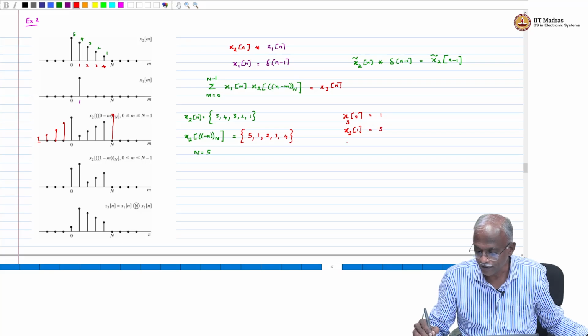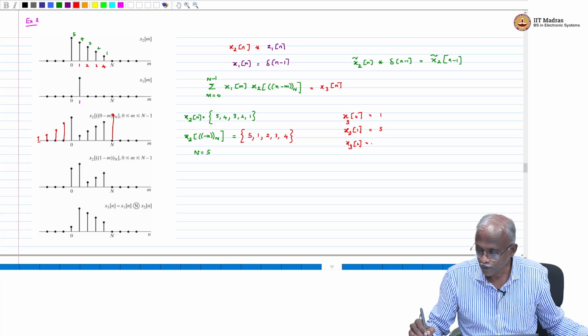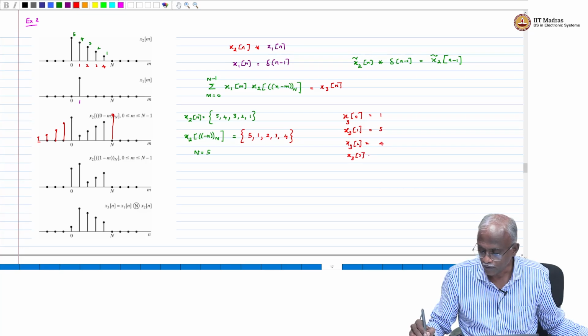This will be equal to 5. x3 of 2 will be equal to 4. x3 of 3 will be equal to 3, and x3 of 4 will be equal to 2.